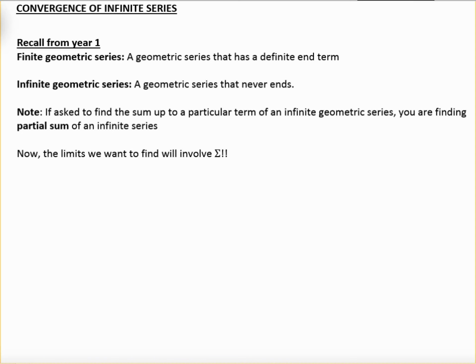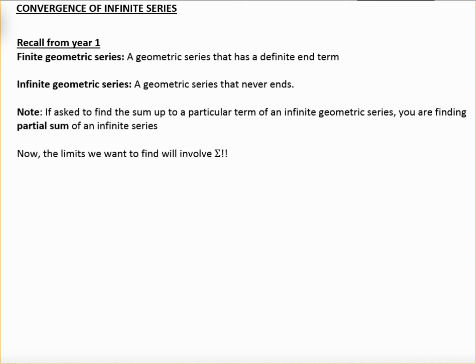When we have a finite one, we're looking at a specific number of terms in that sequence. An infinite series is one that never ends; there's not a specific number of terms. If you're asked to find the sum of a particular number of terms in an infinite series, you're finding what's called the partial sum of that infinite series.